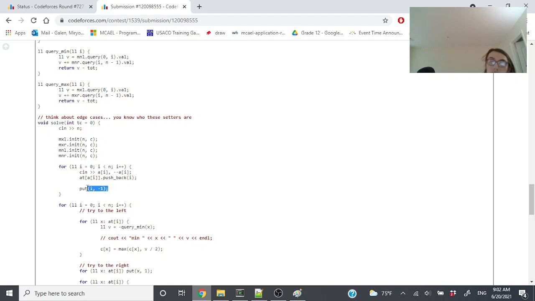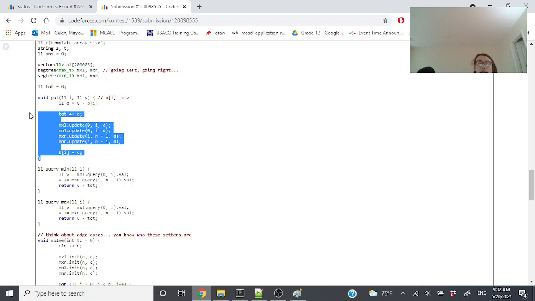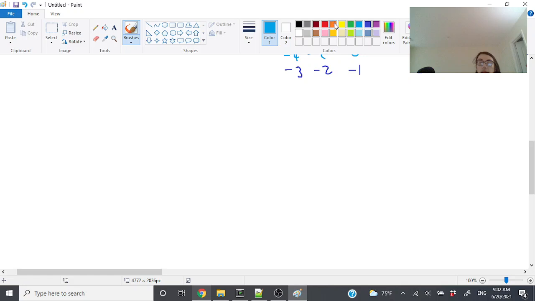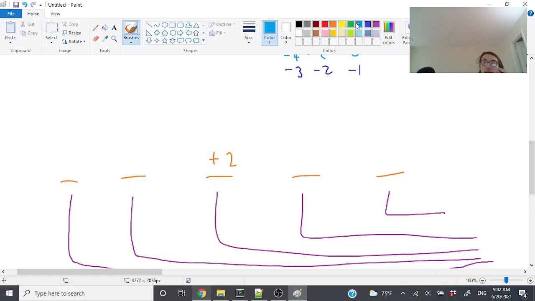And then initially every value is -1. Put basically says set this value to this, and then it updates the segment tree with the changes. For example, if we update this value so we add 2 here, then if we're considering this tree where the prefix sums represent this, the values affected by this change are exactly everything to the left.